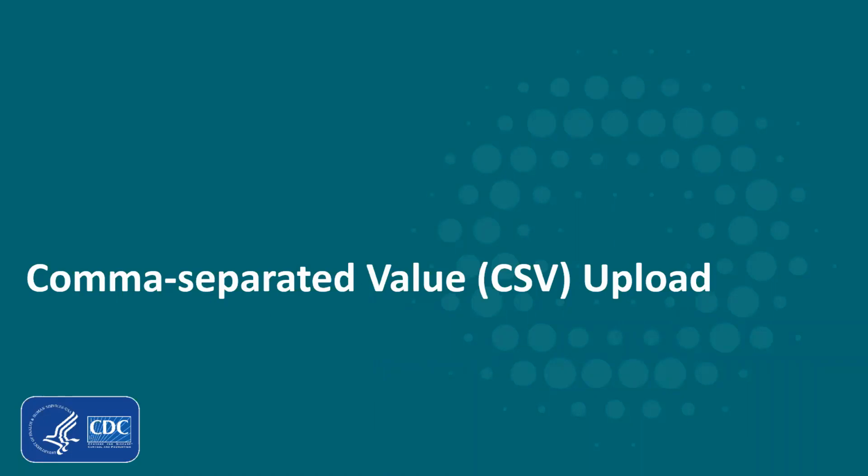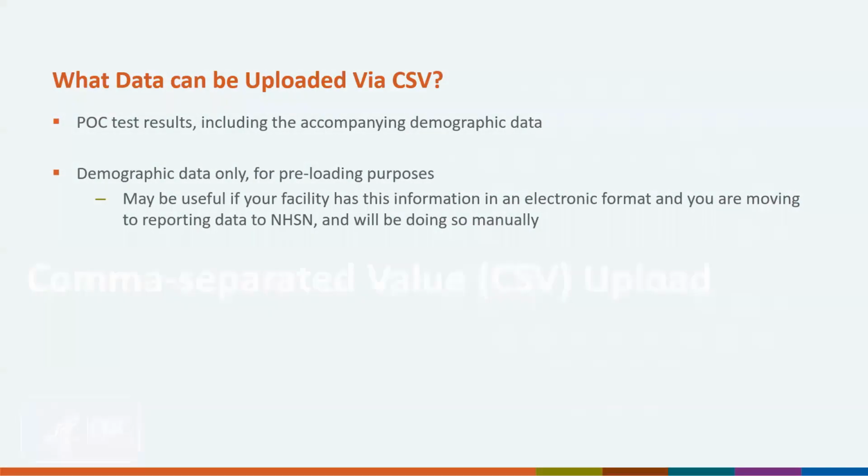So now let's talk about the comma separated value upload options in the NHSN POC tool. The POC tool has the capability to accept comma-separated value files, including the following types of data.